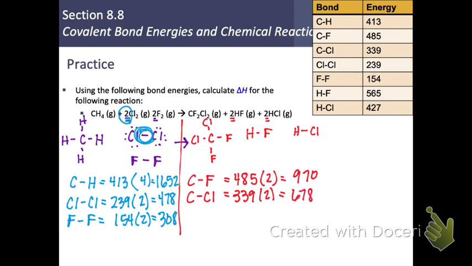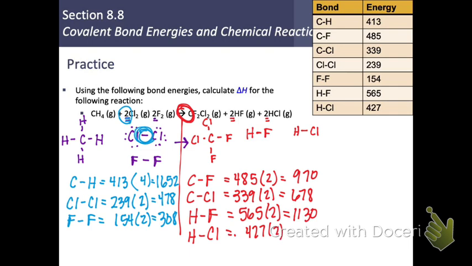I didn't have a coefficient up there, so I'm good to go on that one. Hydrogen to fluorine, that bond is 565, and I have 2 of those bonds, which gives 1130. Then hydrogen to chlorine is 427, and I've got 2 of those. Am I going too fast, or are we hanging in there?